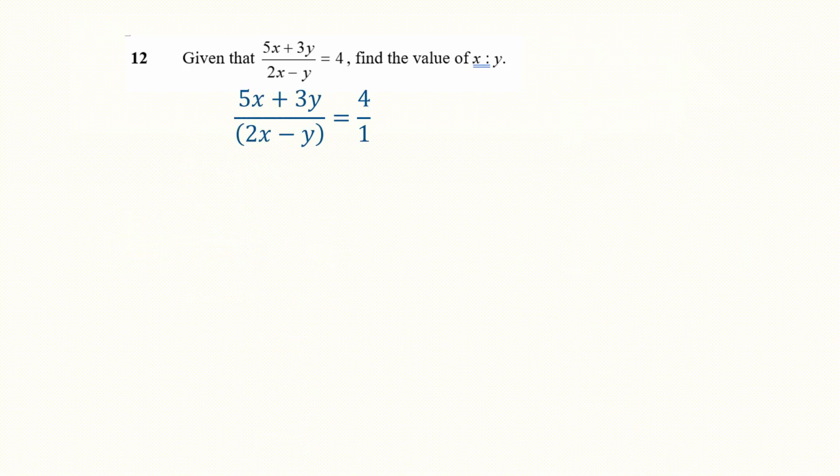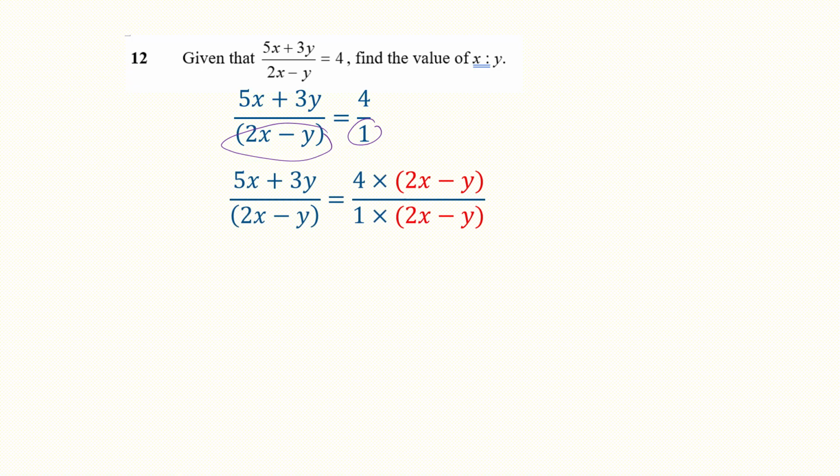Right, for this question, we're going to write 4 as a fraction. So that is 4 over 1. So the LCM for these two terms will just be bracket 2x minus 1. So let's compare the numerators. We're going to subtract 8x on both sides.